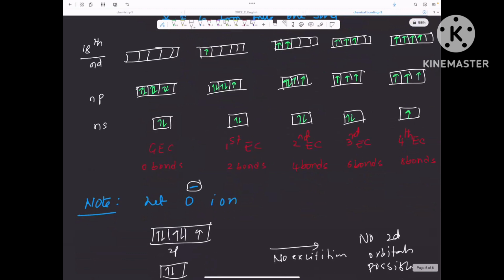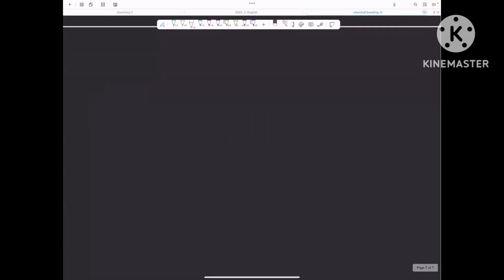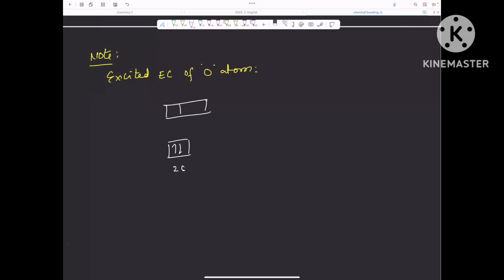Now, last in this topic, another note: the excited electronic configuration of the oxygen atom. We use this particular case. We have 2s2, 2p4. Now let us apply energy.